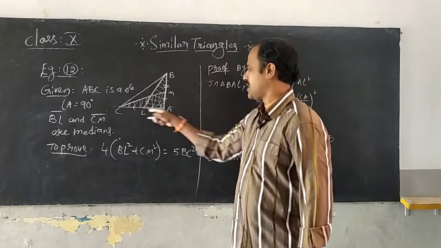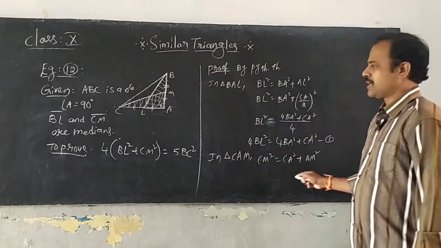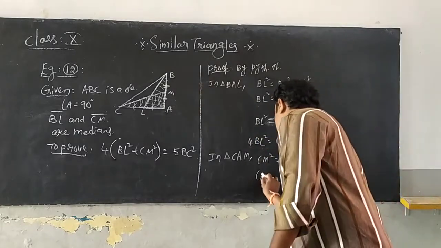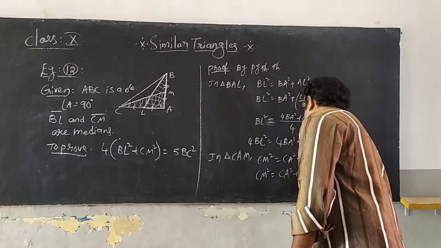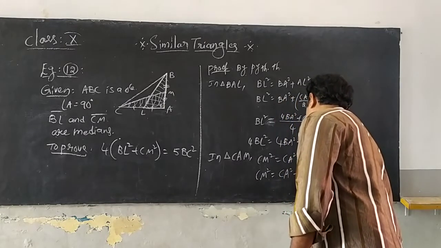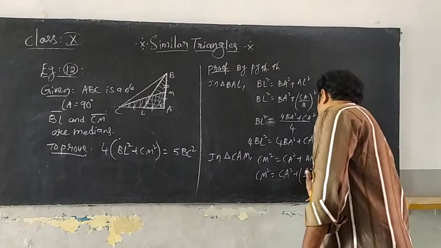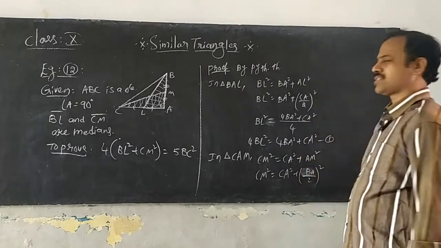But observe what is AM. AM is half of AB. So you can place here CM square is equal to CA square plus AB by 2 whole square. Or you write BA by 2 whole square. Better to write BA.